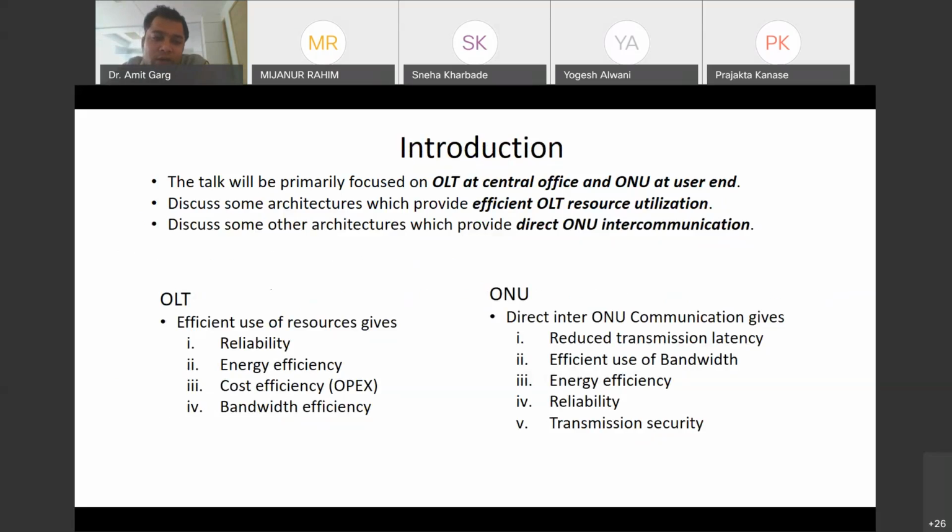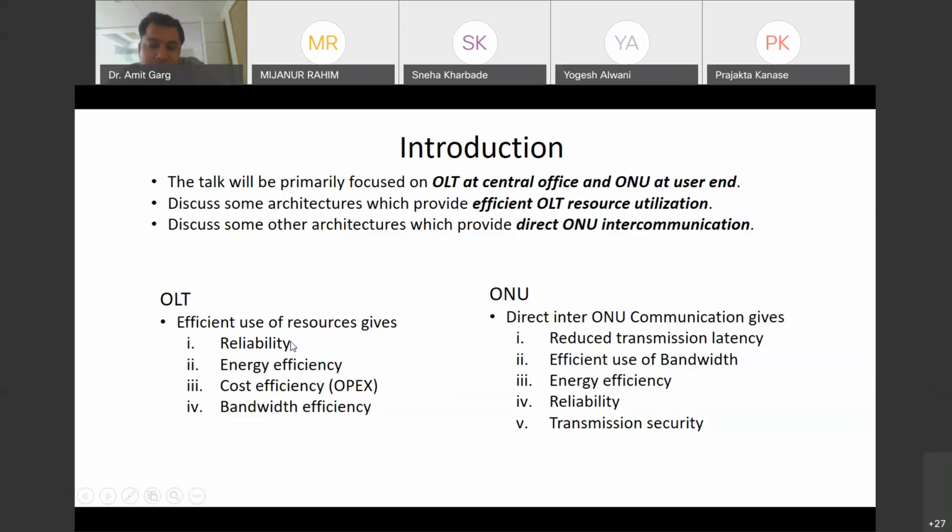So at the OLT side we'll cover. This talk will be primarily focused on OLT at the central office. At the OLT, what can we achieve? Efficient use of resources gives reliability.